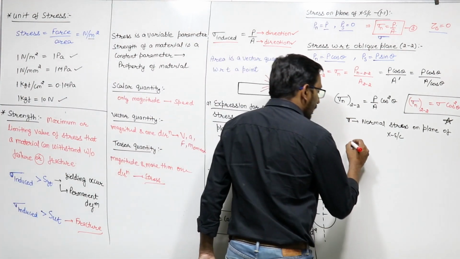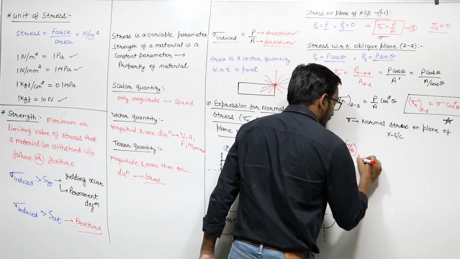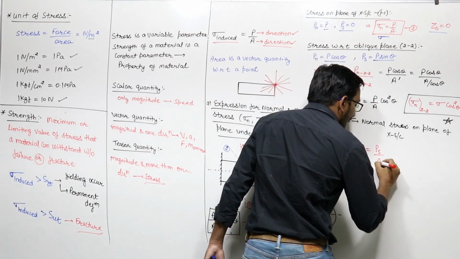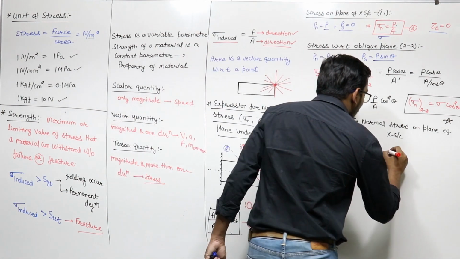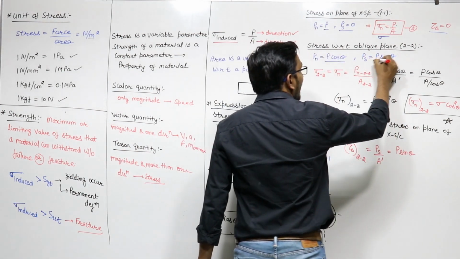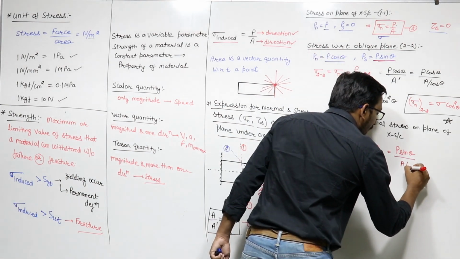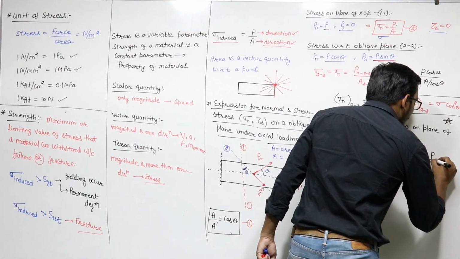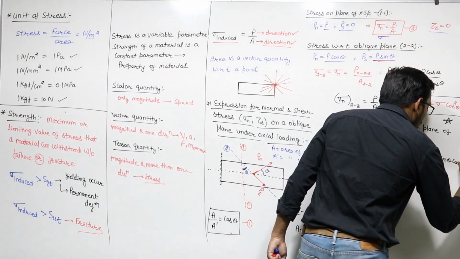Now if I want to find the shear stress on oblique plane 2, it will be equal to shear force upon area of oblique plane A dash. Shear force will be equal to P sin theta. We already calculated P sin theta. A dash is A upon cos theta. So it will be equal to P by A sin theta cos theta.